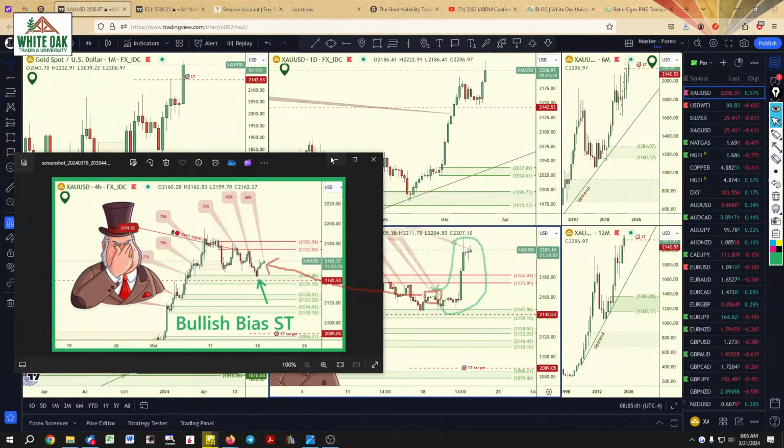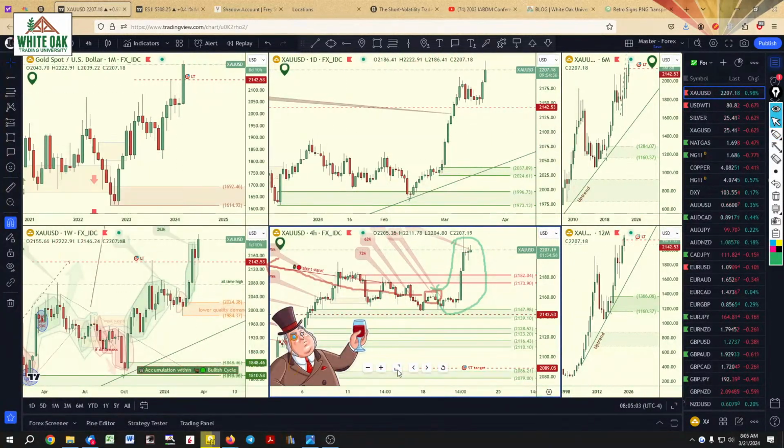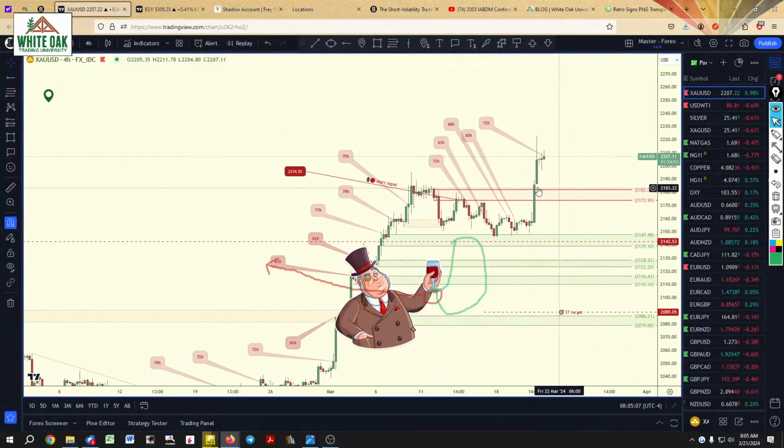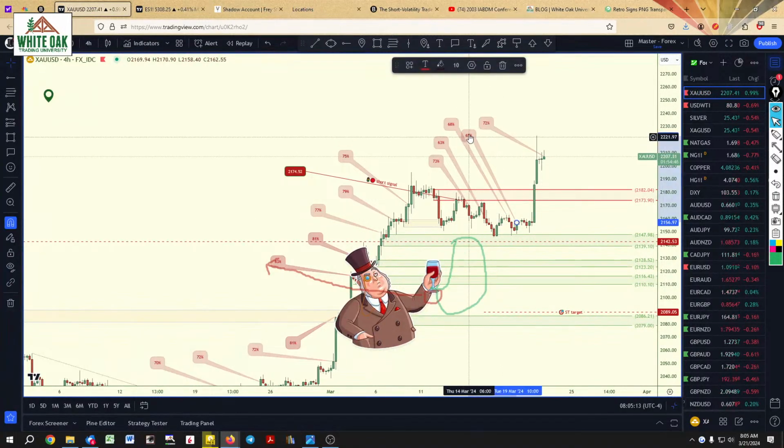Now let's take a look at retail sentiment, because wouldn't you like to know where it's at right now? I definitely would. It was at 65%. And what have they done since? They increased it. Now we're at 72%. Retail traders are adding to their short as price is rallying up.